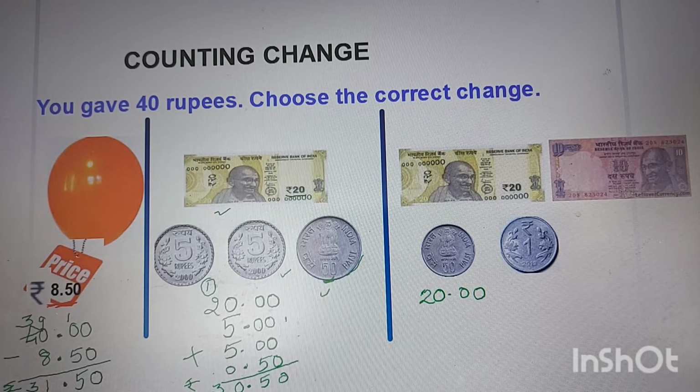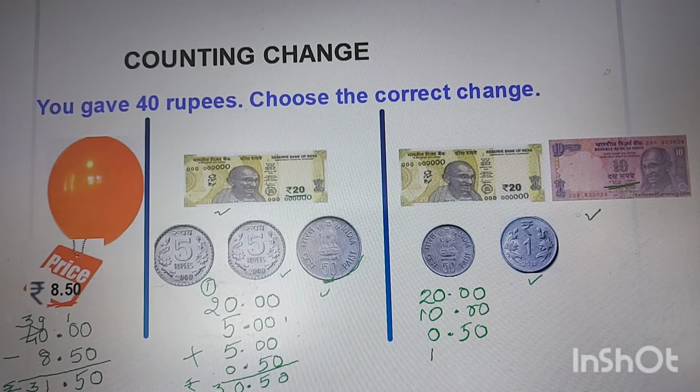Then you can see the note given for 10 rupees. You can very well read there. So 10 rupees I need to write as 10.00. Then after you can see the coin, that is 50 paise. Paise I need to write after decimal point and before decimal point, that is 0. And the fourth coin, that is 1 rupee coin.